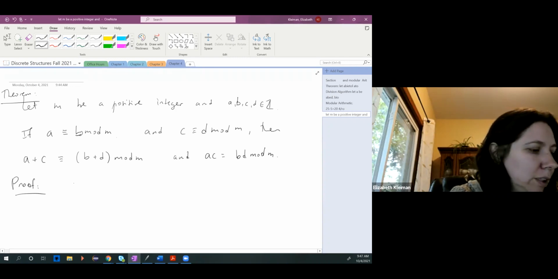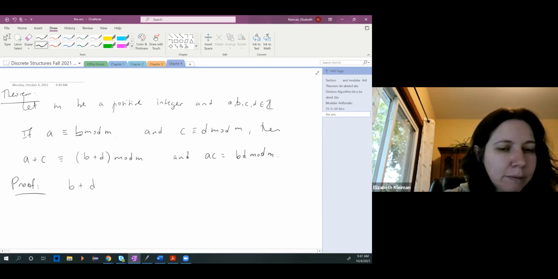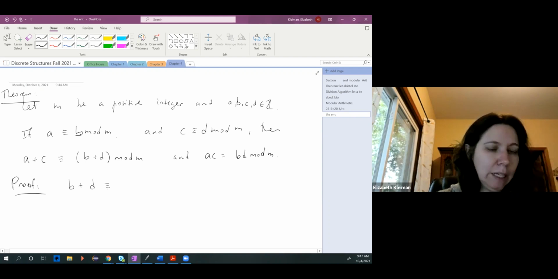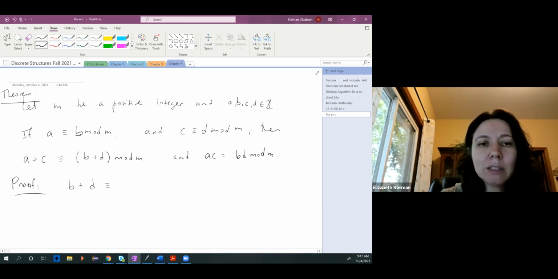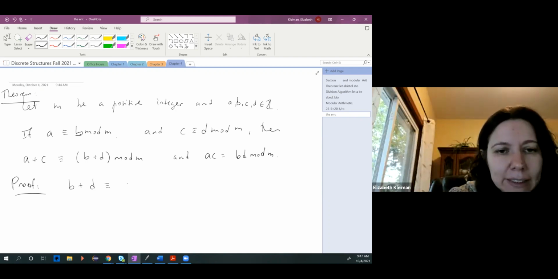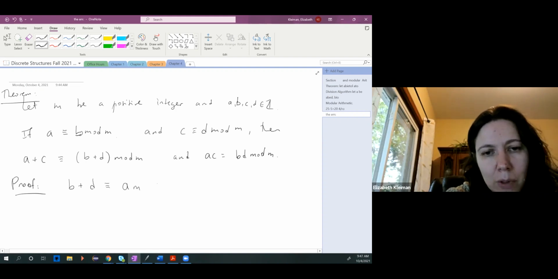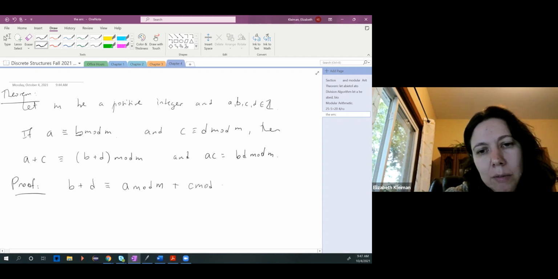Let's look at B plus D, which is congruent, well, since B is congruent to A, you can say that it's congruent to A mod M plus C mod M.